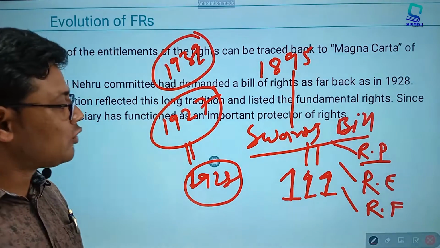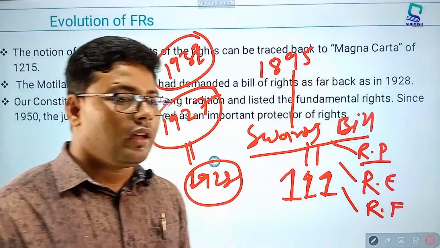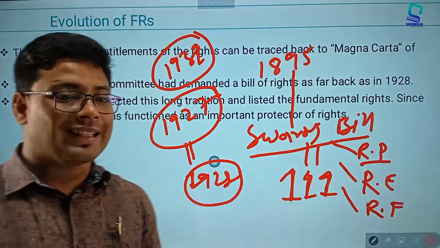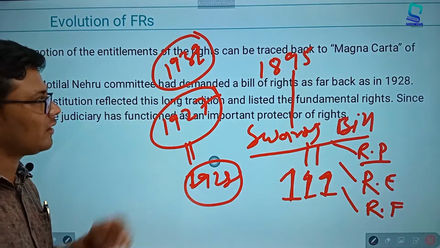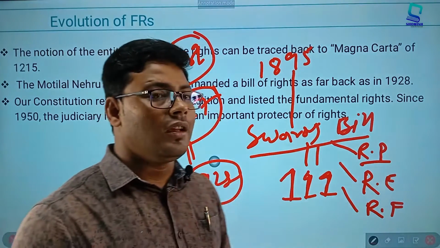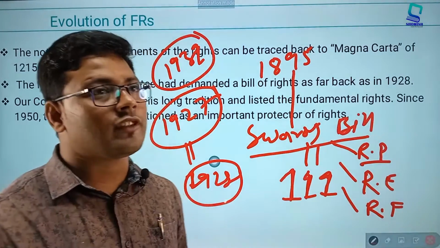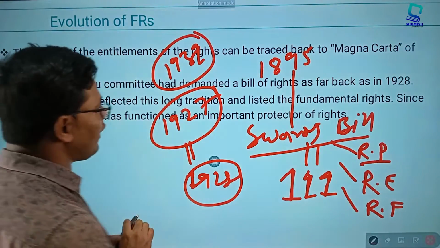Here, right to freedom, right to privacy, and universal adult franchise were enlisted in the 1931 session of the INC. Thereafter, 1945.